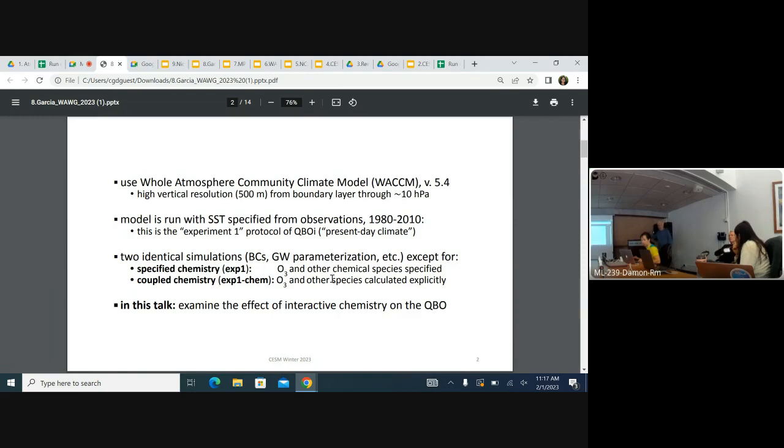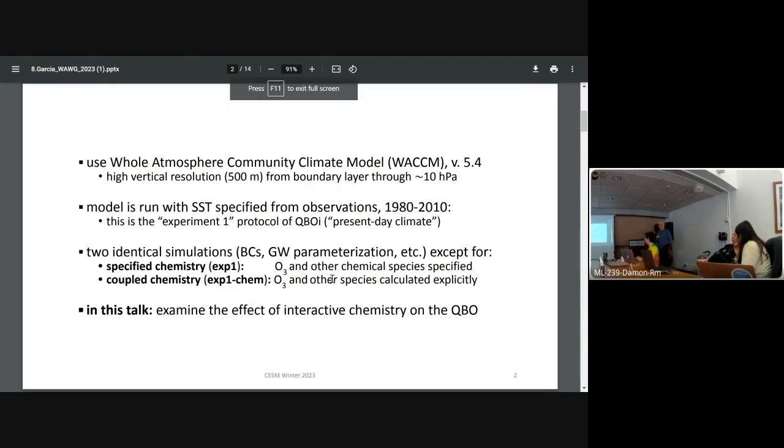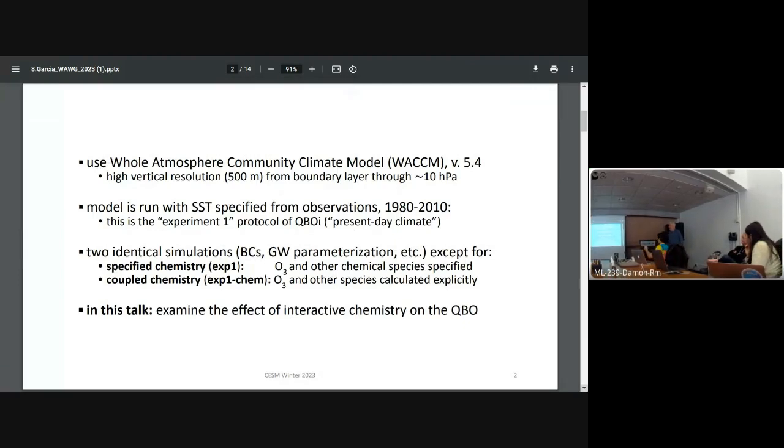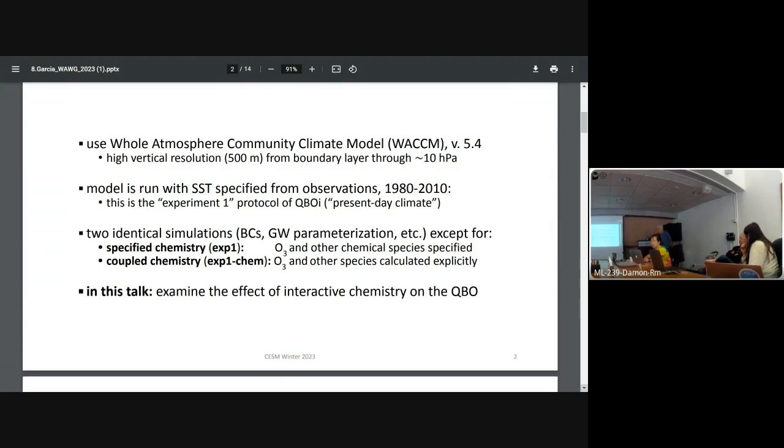We just use the ozone fields and other chemical fields as the repeating seasonal cycle from the coupled chemistry simulation. And the coupled chemistry simulation is fully interactive. So in this talk, what I am going to do is examine the effect of having that interactive chemistry on the evolution of the QBO.